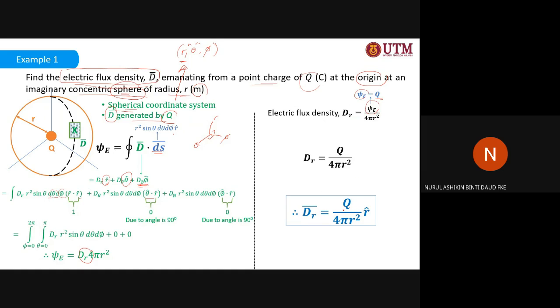So from the point source, we can also determine the electric flux density by using flux line.